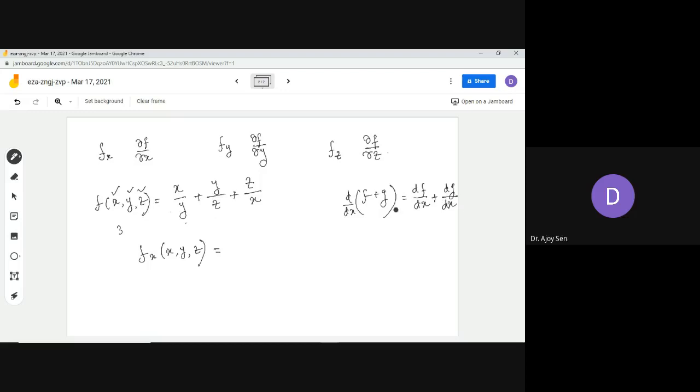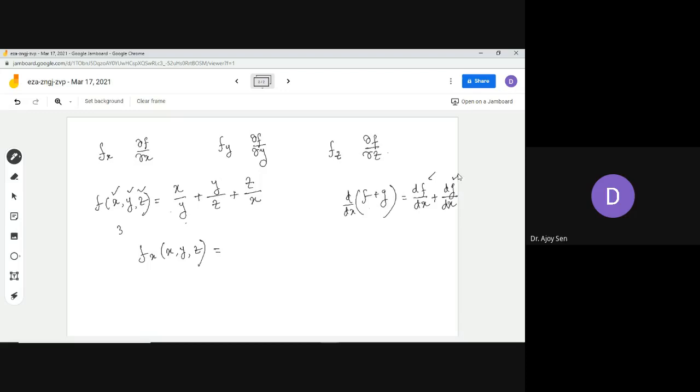Such things are allowed. While doing this, one thing you need to ensure is that since you are taking the derivative of f plus g, f plus g should be differentiable, and individually the two functions f and g must be differentiable.